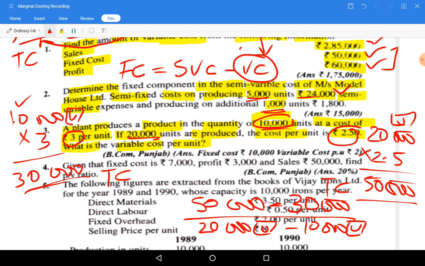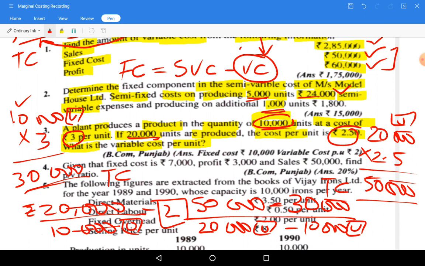So it will be 50 minus 30, 20,000 rupees divided by 10,000 units. Zeros cancel, so variable cost per unit is 2 rupees per unit. That will be your answer.